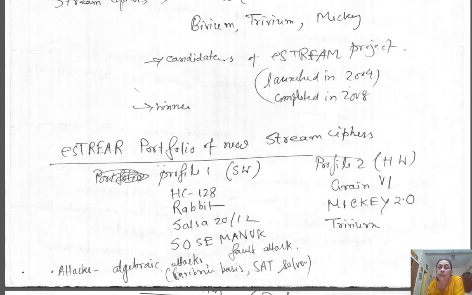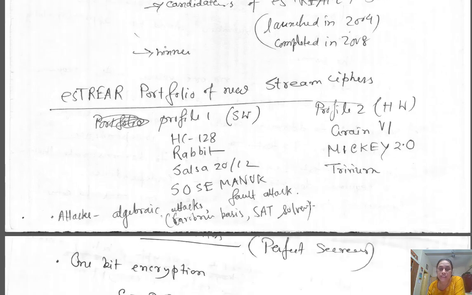For block ciphers, differential cryptanalysis and linear cryptanalysis are the general attacks, the basic attacks that a block cipher should prevent. And for stream ciphers, we have algebraic attacks, fault attacks, etc. This is a very rich area.